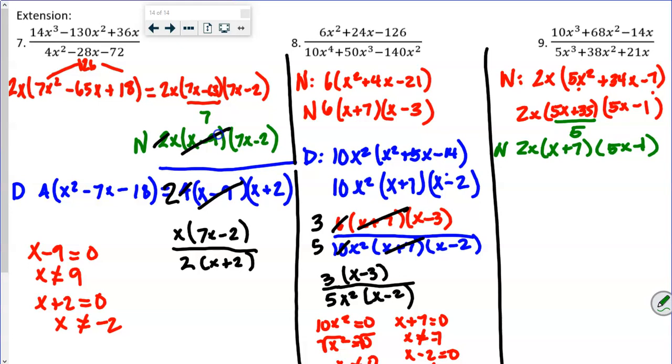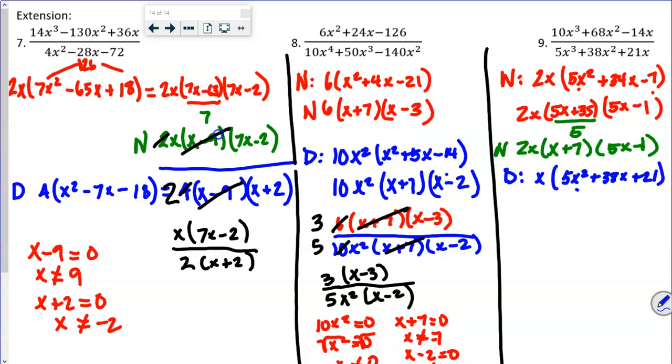Now let's work on our denominator. It looks to me like it doesn't just have an x, so let's factor out the x. That's going to give us 5x squared plus 38x plus 21.